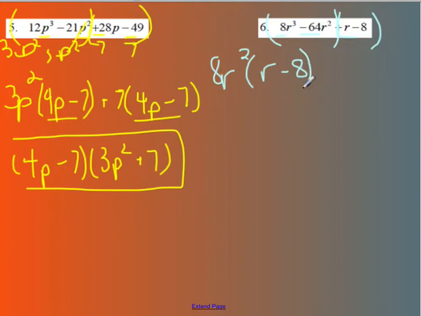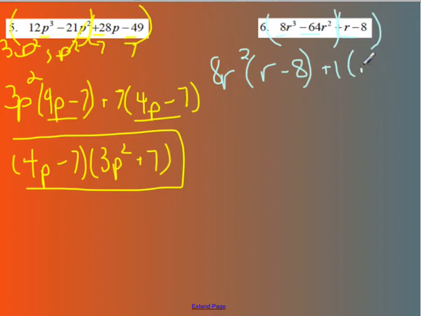Now I'm looking at r minus 8. There's no coefficient and no letter that I can take out of r minus 8. On our previous note sheet, we learned that that meant that there was no GCF. When I'm factoring by grouping though, yes, there is no GCF, but to remind myself, I'm going to write it as plus 1.